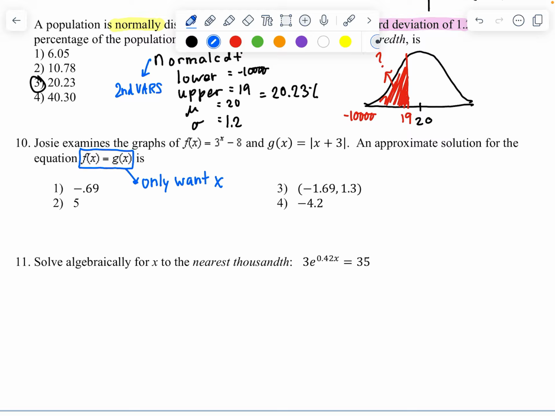So in order to get your intersection, this is where you're going to do second trace, intersect. Okay, so let's go ahead and put this in our calculator.